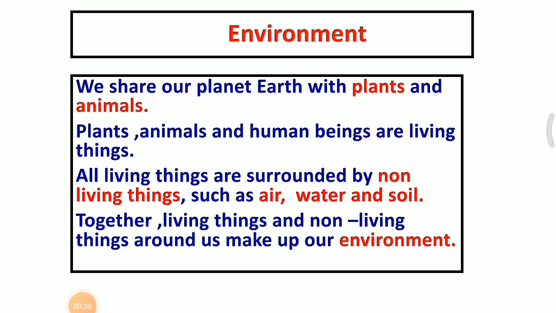The first one, environment. We share our planet Earth with plants and animals. Plants, animals, and human beings are living things. All living things are surrounded by non-living things such as air, water, and soil.